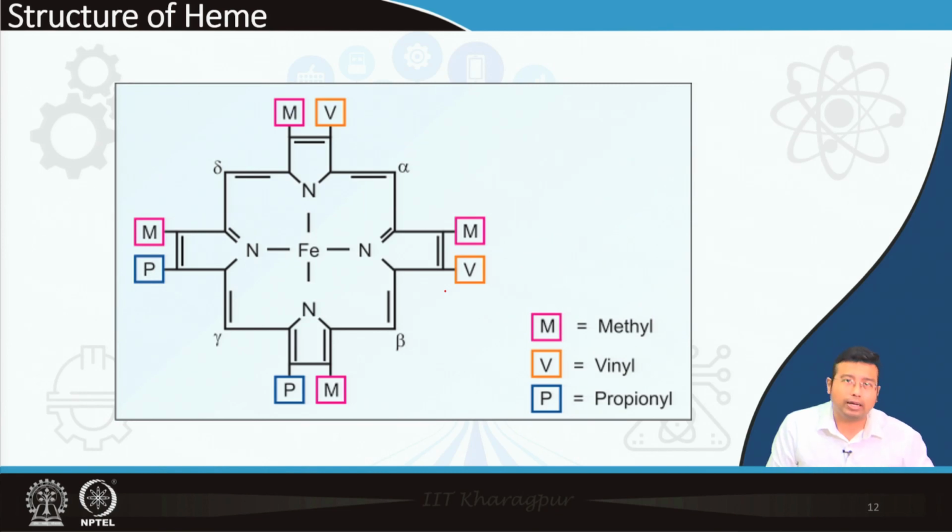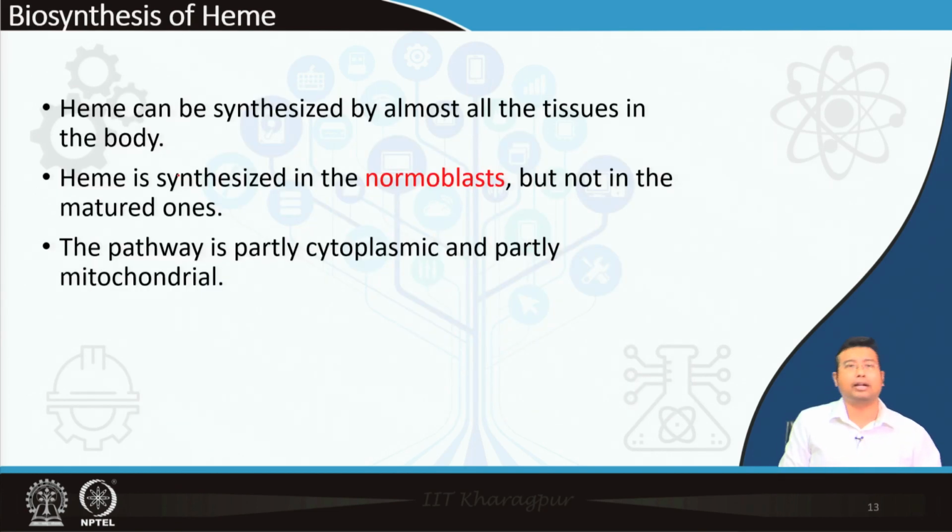This is a nice to know area, it is not a must know area, but you should know, right. So, in heme the substituent groups are methyl vinyl, methyl vinyl, methyl propionyl, propionyl methyl. You can remember it in any way, you can remember MV, MV, MP, PM, it is up to you, but you should remember the final structure of heme and its substituent groups, right.